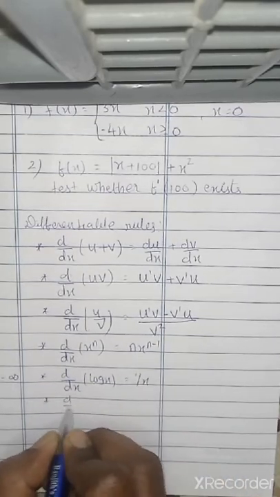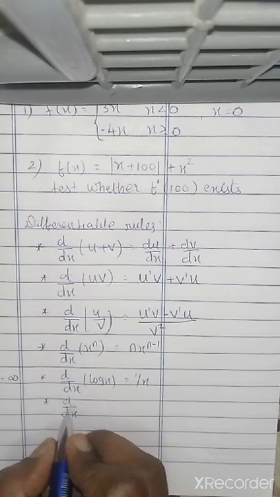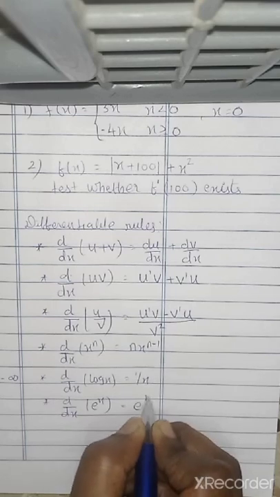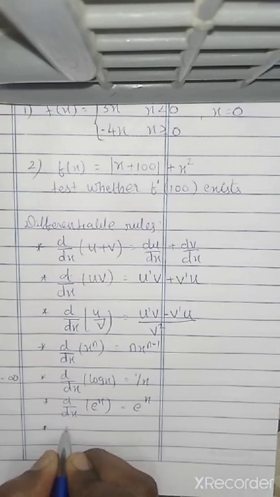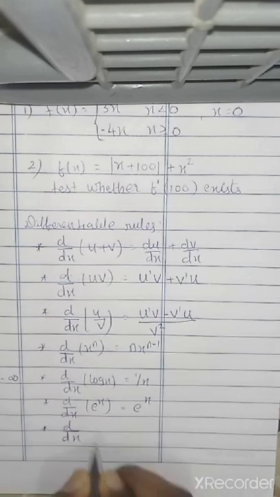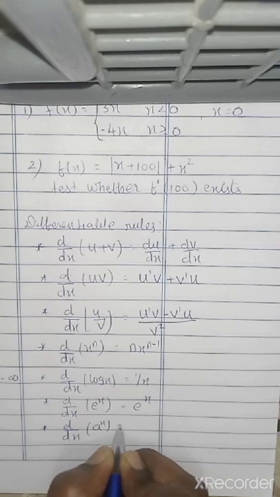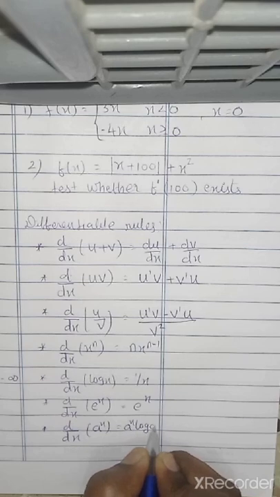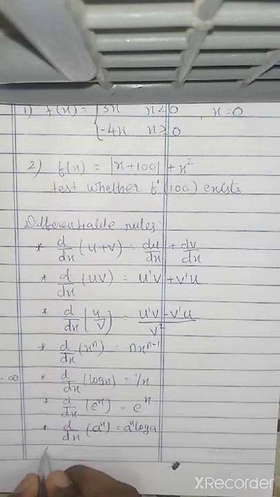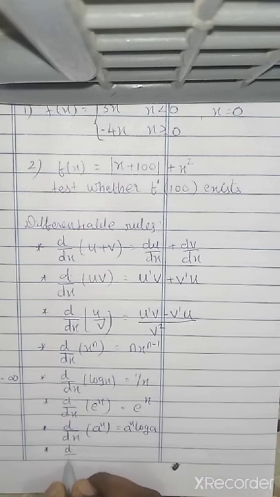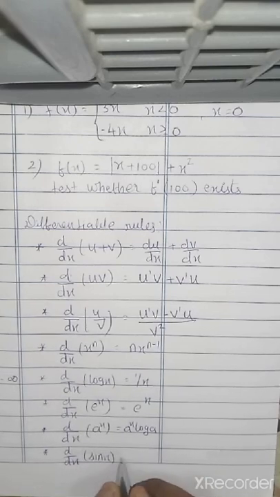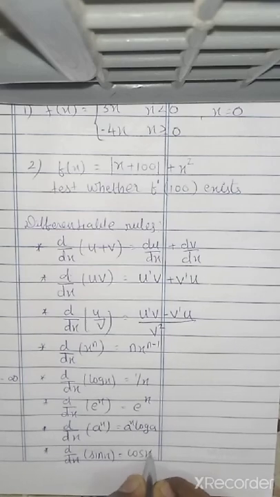Next, d by dx of e power x, the answer is e power x. Next formula, d by dx of a power x, the answer is a power x into log a. Next, d by dx of sin x. If you differentiate sin x, you will get cos x.